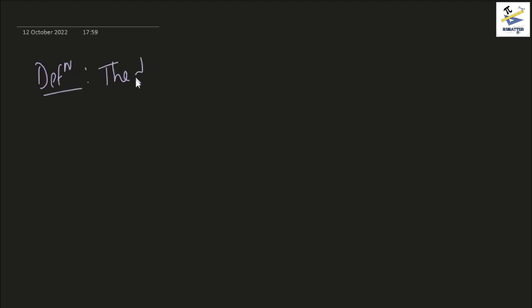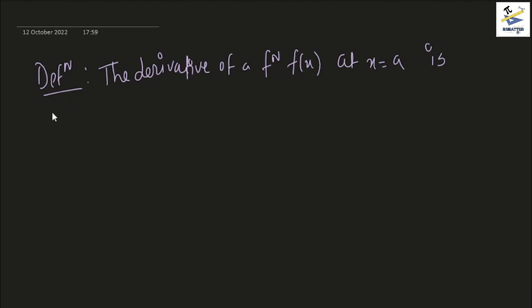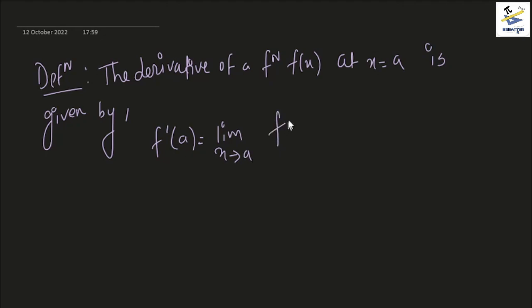The derivative of a function f of x at x equals to a is given by f dashed of a equals to limit x tends to a f of x minus f of a whole divided by x minus a.